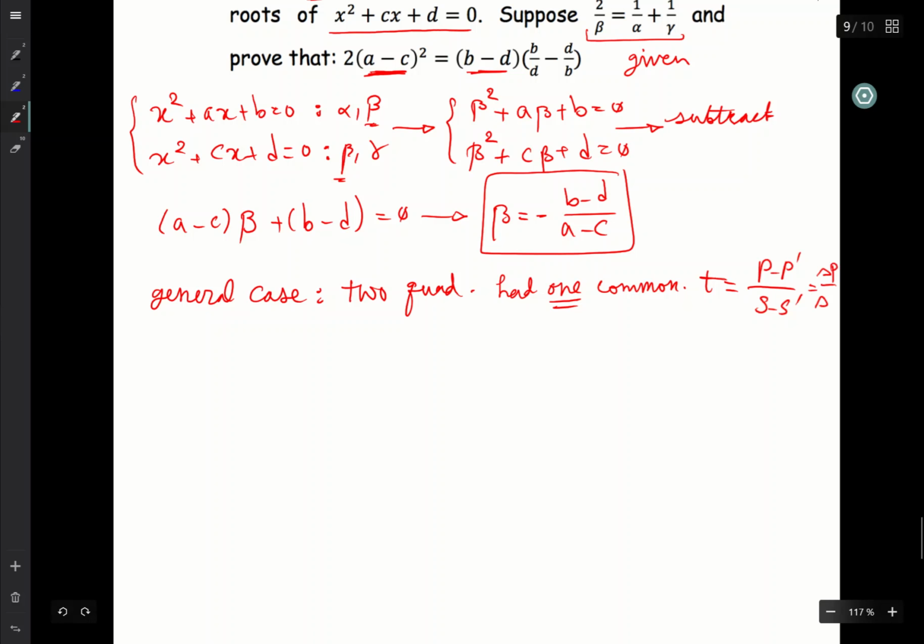Maybe let's not use delta so that it's not confusing.